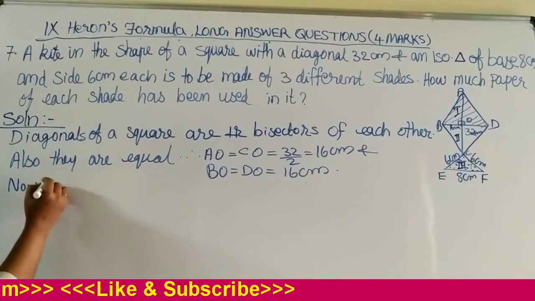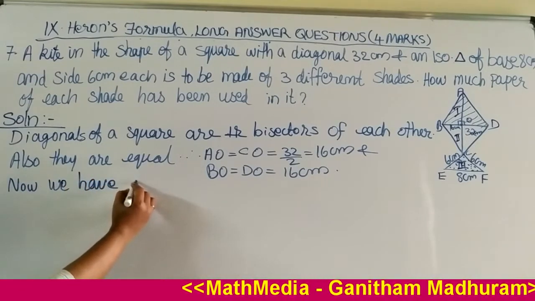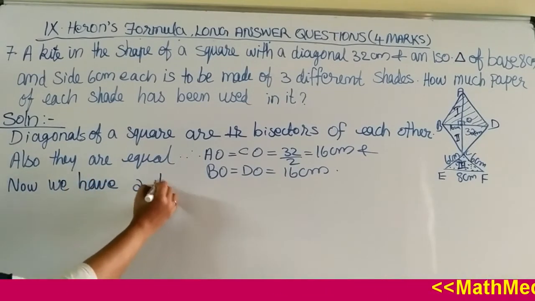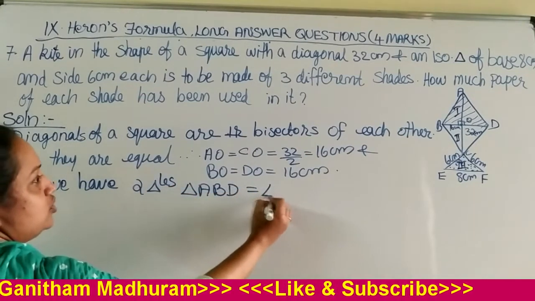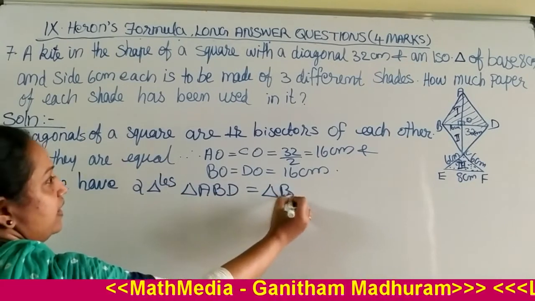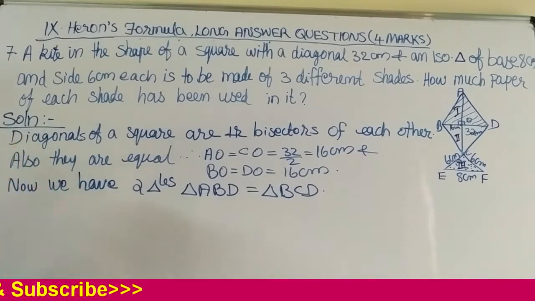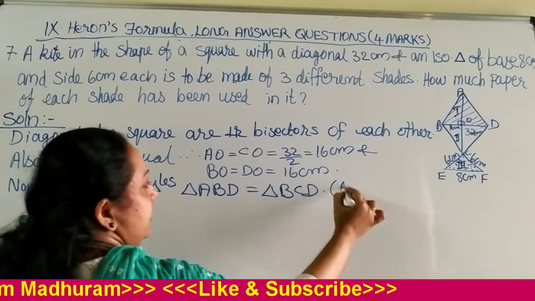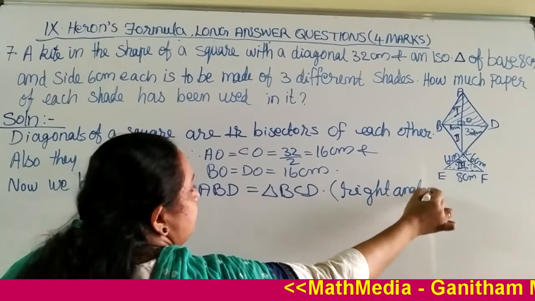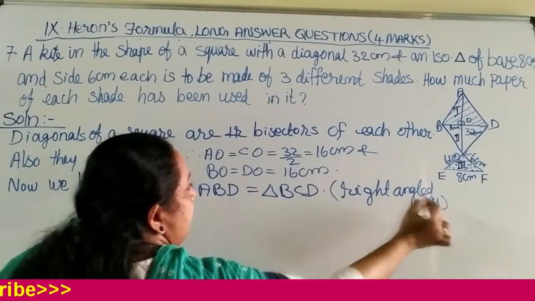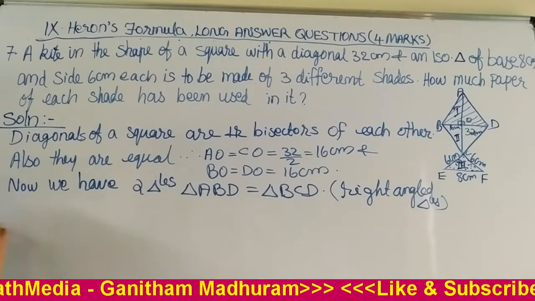So we can write that triangle ABD equal to triangle BCD, both right-angled triangles, and one isosceles triangle, that is triangle CEF.